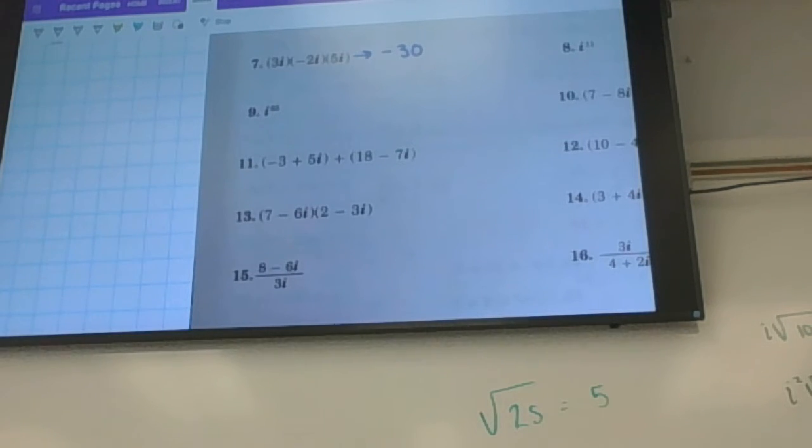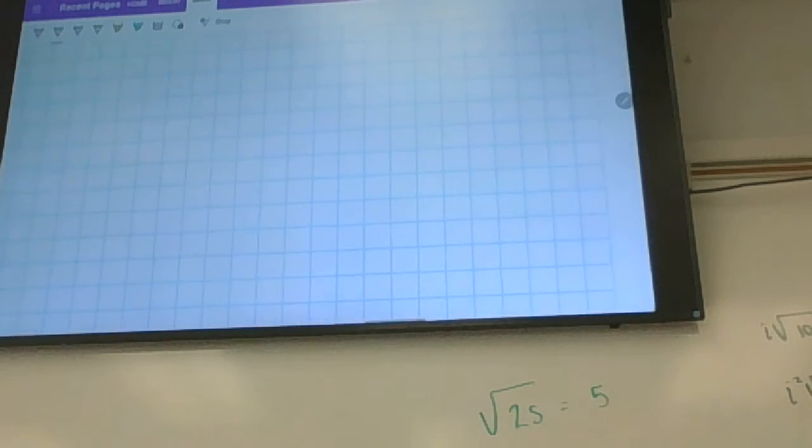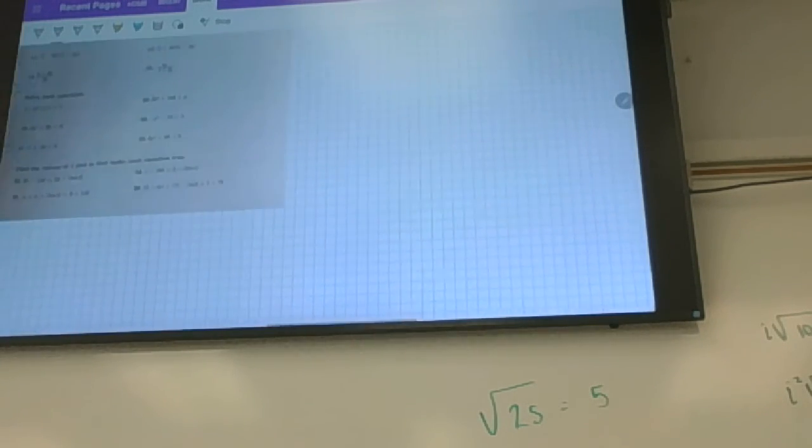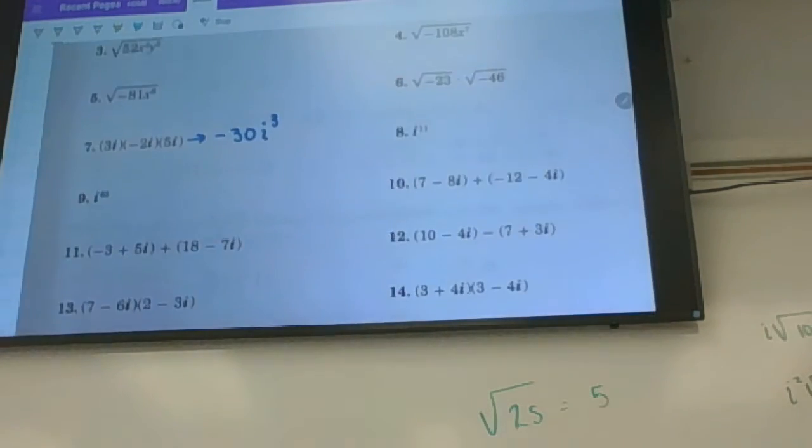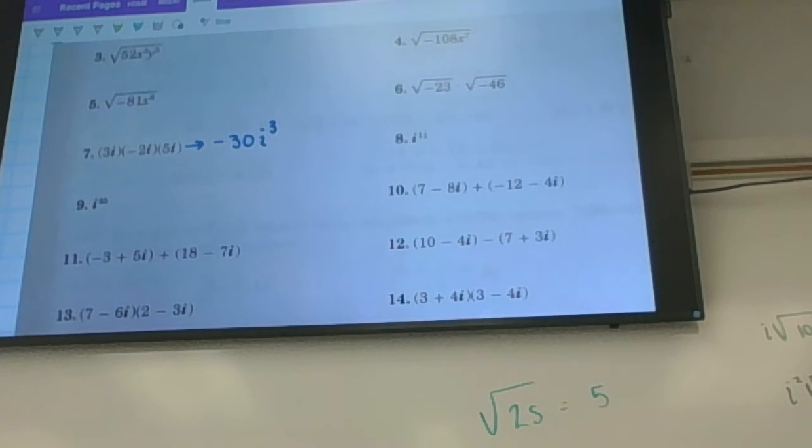I got i times i times i, which is i to the third power. That is not done. You never want i with a power over anything. You never want i with an exponent in your answer.